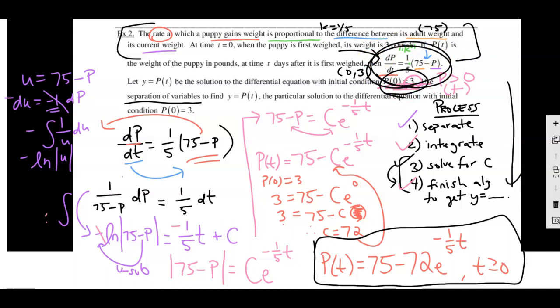We'll have to create it ourselves, but the math is going to be the same. Separate, integrate, finish the algebra to get to y equals, or p equals, or whatever equals, and then at some point in that algebra, use the condition to solve for C. All right, that's the whole idea with these differential equations. We'll pick back up with the next video with some of the applications, the word problem ones, but we're done right here for this one.